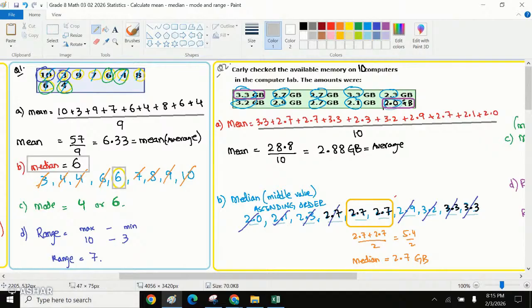So we can always know if we need to take an average or not by this. If we are given 9, an odd count of numbers, we will always find one value in the middle. If it was even, then we will find two values in the middle, okay? Just by looking at the total quantities given to us.